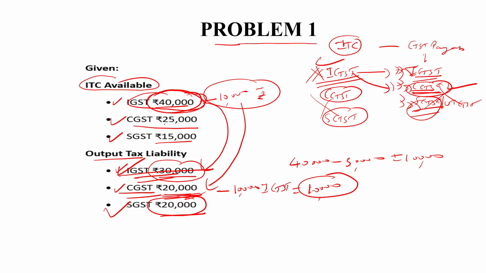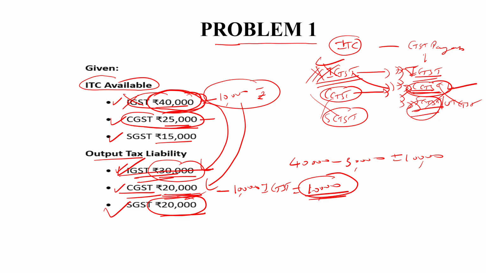Now we will go to CGST. Once IGST is over, and in this case IGST is totally exhausted, we can use CGST to first set off CGST. CGST credit is 25,000, but we need to pay only 10,000 to the government.